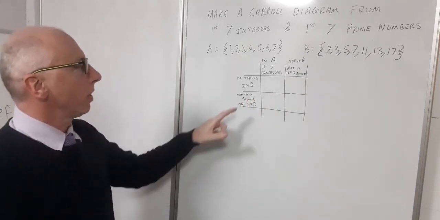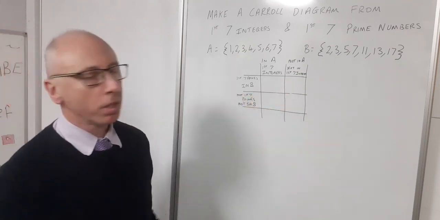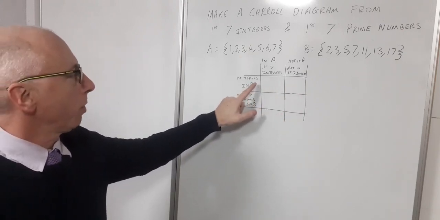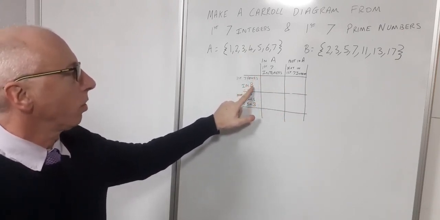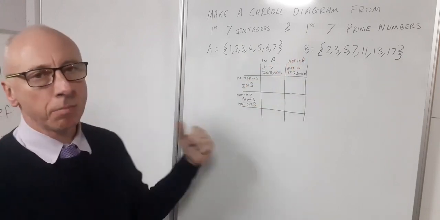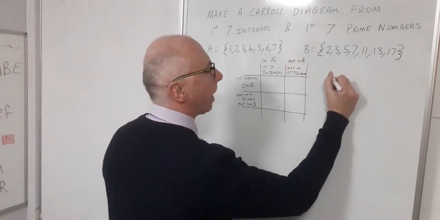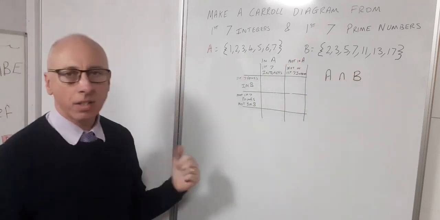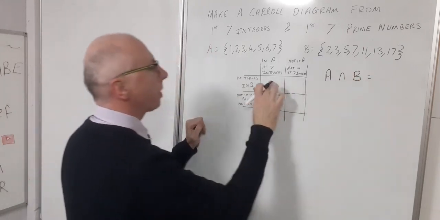So now what I want is to fill in the appropriate squares. So a good place to start is what is in both. So first 7 integers and also is in the first 7 primes. So basically what is in A and B. So what we're looking here for now is A intersection B. That's our first set we're looking for to go in this box.